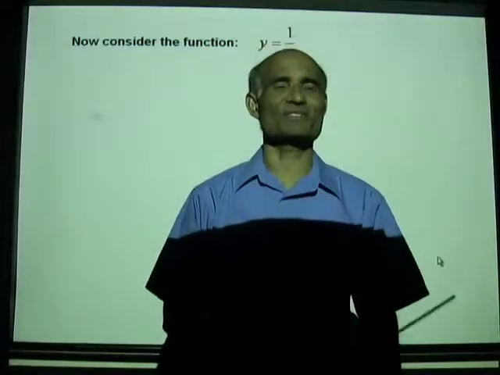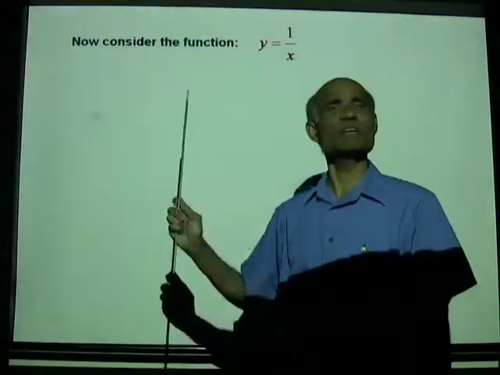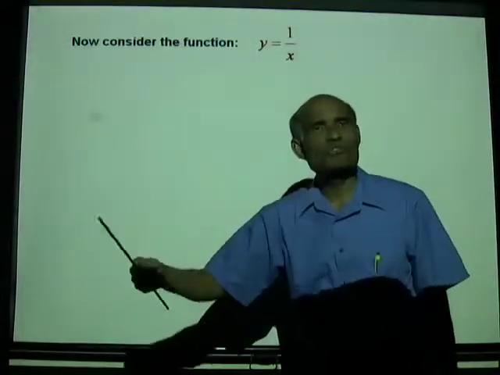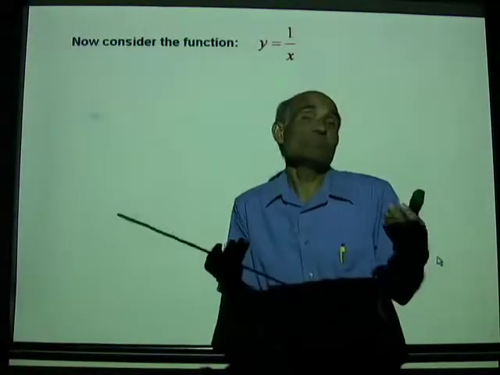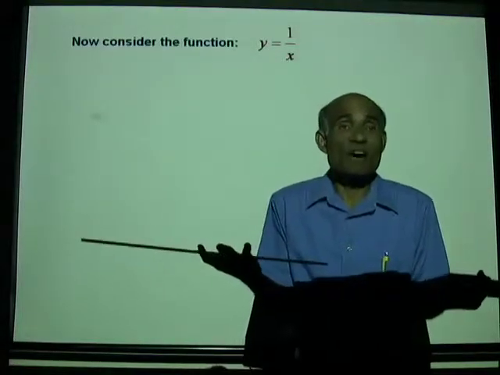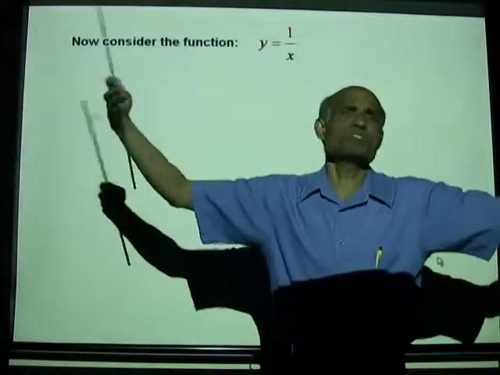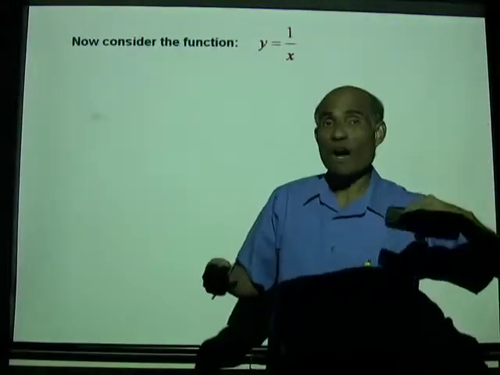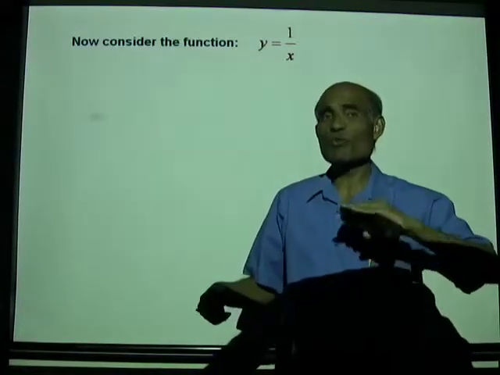Now consider the function y equal to 1 over x. All right, now tell me, is it possible to use any input in there? How about if I have an input of x equal to 0? What is the value of 1 over 0? Well, a number divided by 0 is undefined. We don't know what it is. It is so big, because you see, 1 over 0.5 is 2, 1 over 0.1 is 10, 1 over 0.01 is 100, 1 over 0.001 is 1,000.